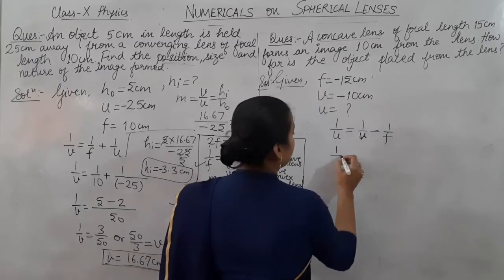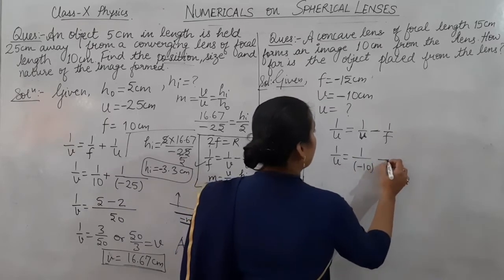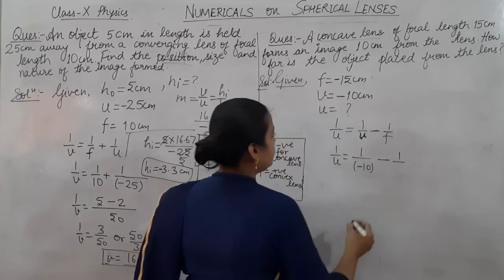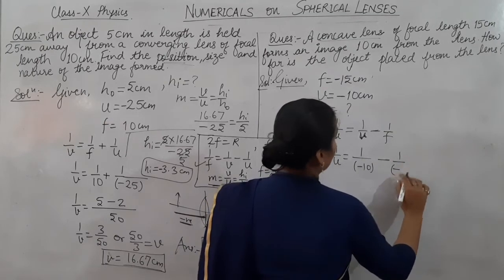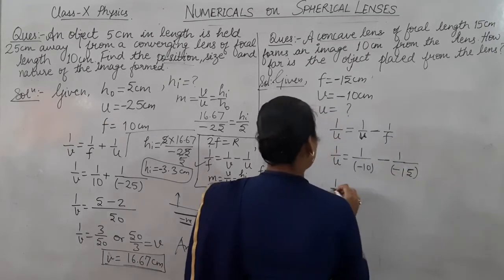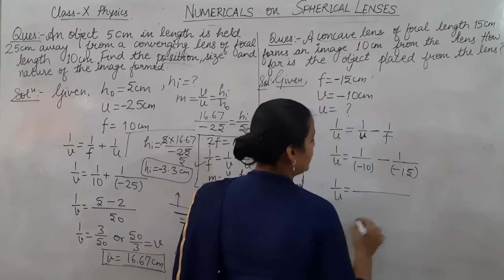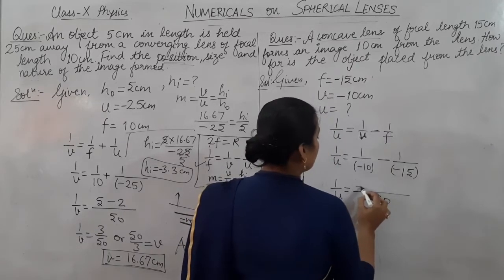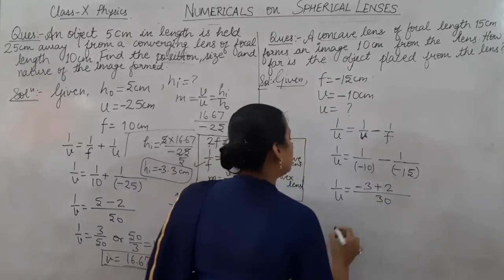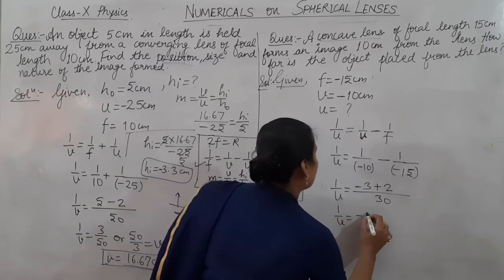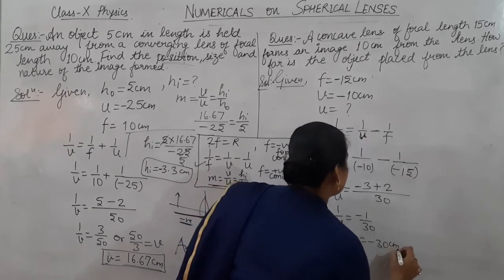Just put the values. 1 upon u is equal to 1 upon minus 10 minus 1 upon minus 15. 1 upon u is equal to what will it be? If you take the LCM, it will be 30. It will be minus 3, minus minus will become plus, and it will be 2. Simply 1 upon u is equal to minus 1 upon 30, or u is equal to minus 30 centimeter.